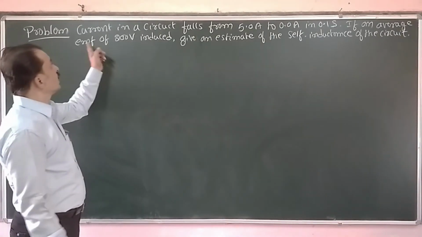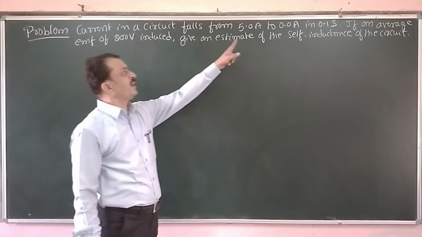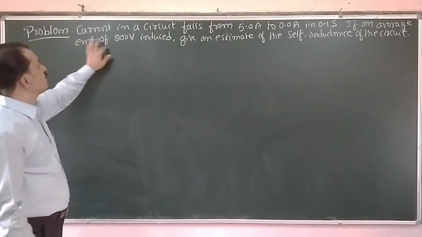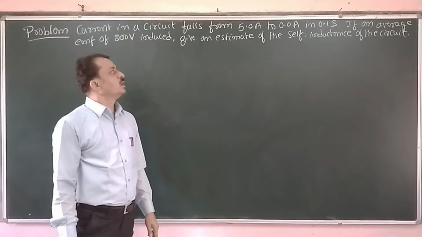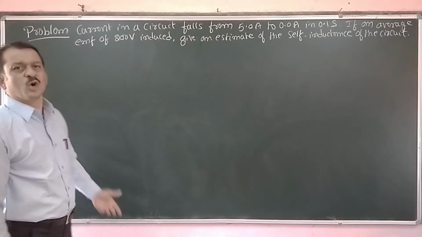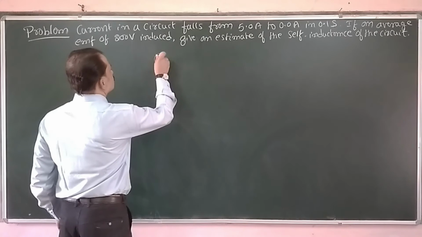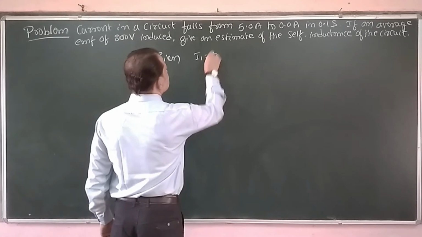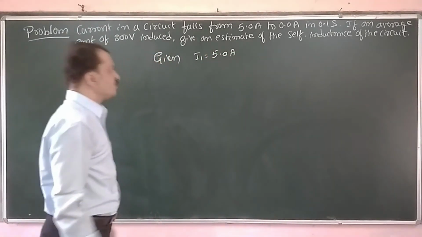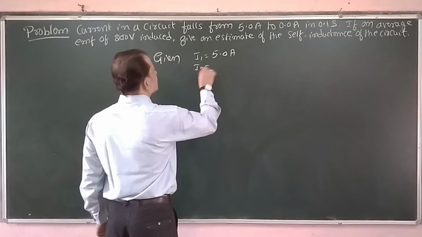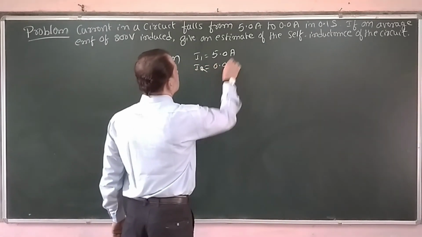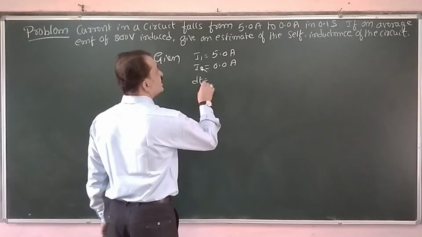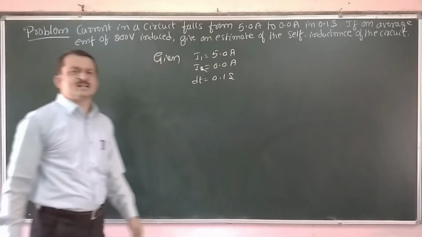Next problem. Current in a circuit falls from 5 amps to 0 amps in 0.1 second. If the average EMF of 200 volts is induced, give an estimate of the self-inductance of the coil. Very simple problem. So given, the current is changing from I1, which is 5.0 amps, to I2, that is 0.0 amps, in a short interval of time, delta t equal to 0.1 seconds.